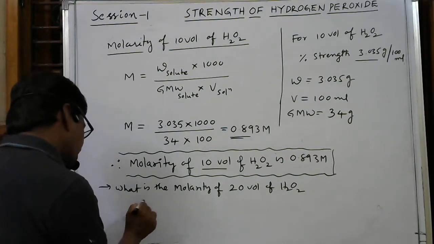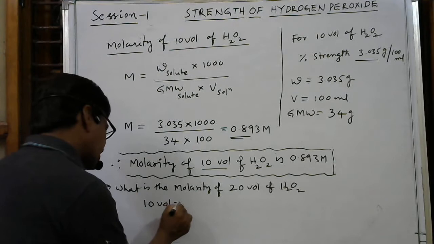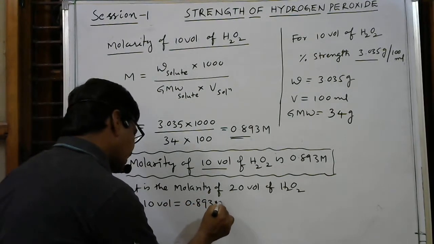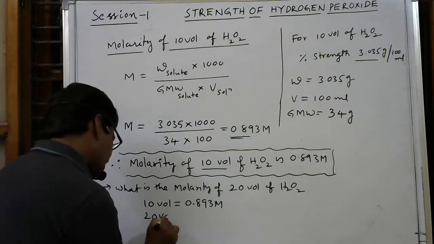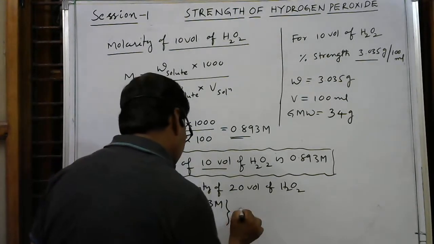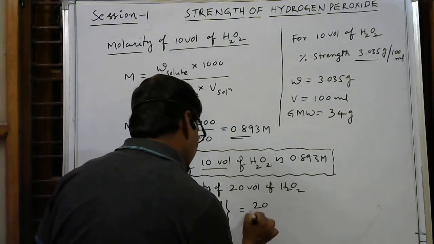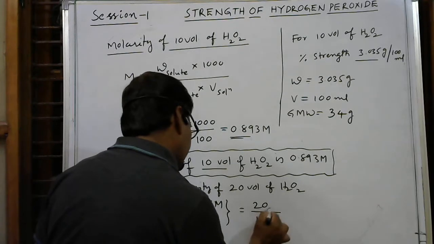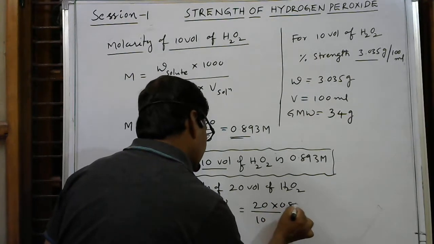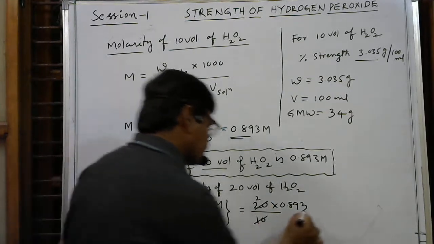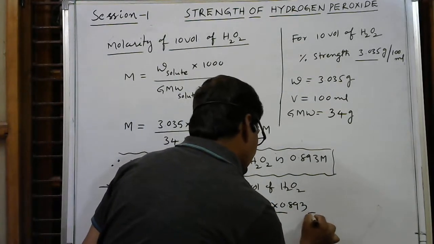So for this question, 10 volumes of hydrogen peroxide equal to 0.893 M. Then 20 volumes equal to how much? Just cross multiplication: 20 by 10 into 0.893. Exactly 2.